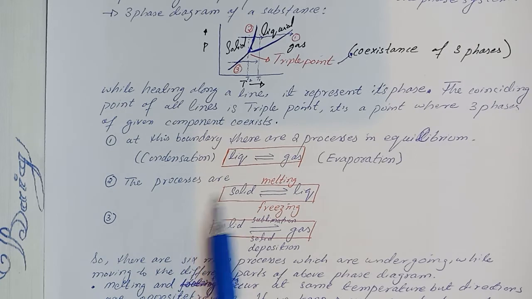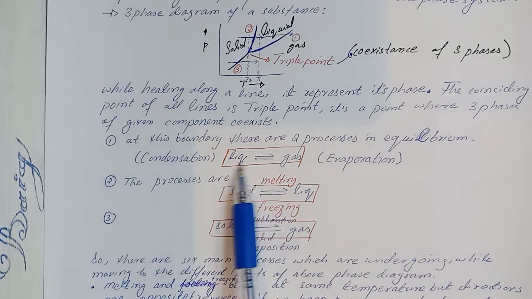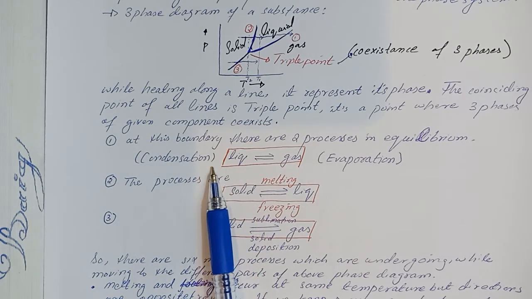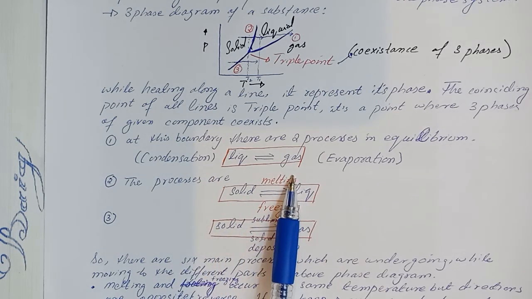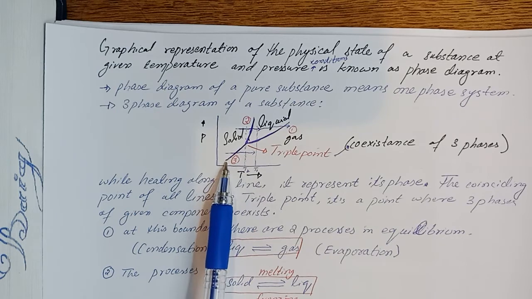And two of the processes for each phase boundary are in equilibrium with each other at the same point, but the directions are opposite, at the same temperature and pressure at any point of the phase boundary, depending on the direction from where we are moving to the other phase across the phase diagram.